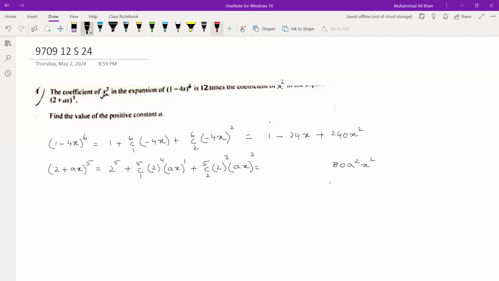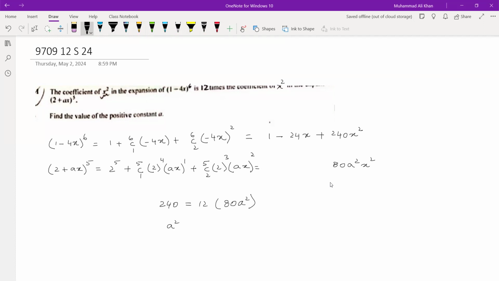The condition is given that the coefficient of x squared in the first expansion is 12 times the coefficient of x squared in the second expansion. So the coefficient of x squared in the first expansion, 240, is 12 times the coefficient of x squared of the second expansion. It will be 80a squared.